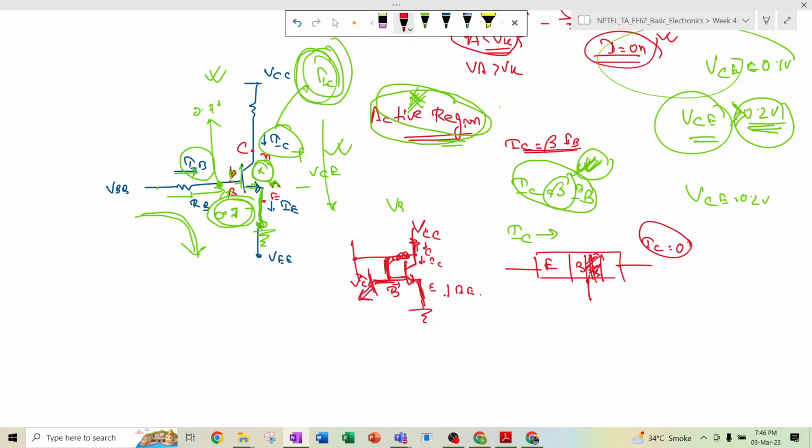They gave a hint: you should assume both are in active mode, but how can we assume it in active mode? I didn't get it. Okay, I'm not very sure.